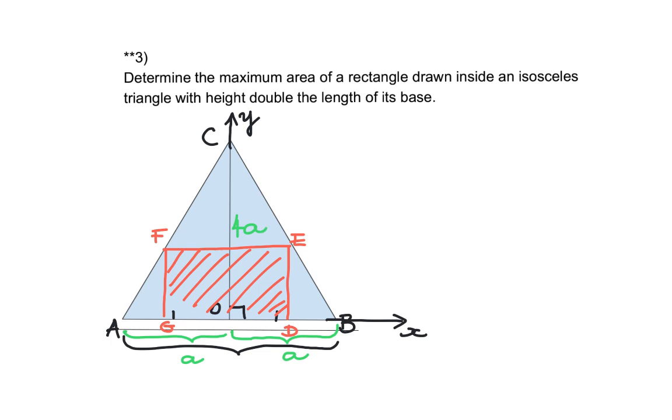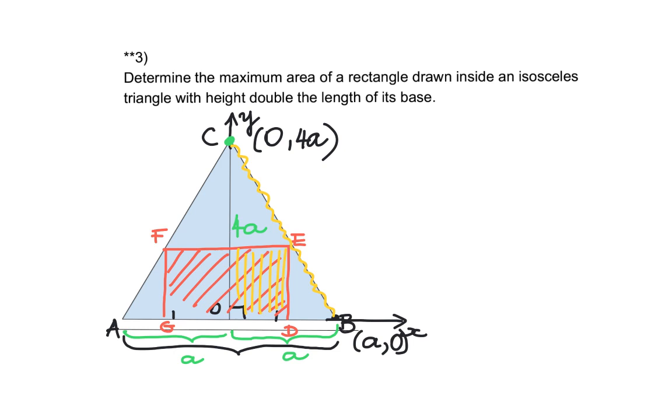How does this help us? Well, this point C, as a point on the Cartesian plane, has coordinates that I know the values of. X coordinate is 0, y coordinate is 4a. A point B, as a point on a Cartesian plane, has an x coordinate a and y coordinate 0, which means that I can now determine the equation of this line, and I could look at maximizing the area of this part of a rectangle, which then looks a little bit similar to our trapezium problem.